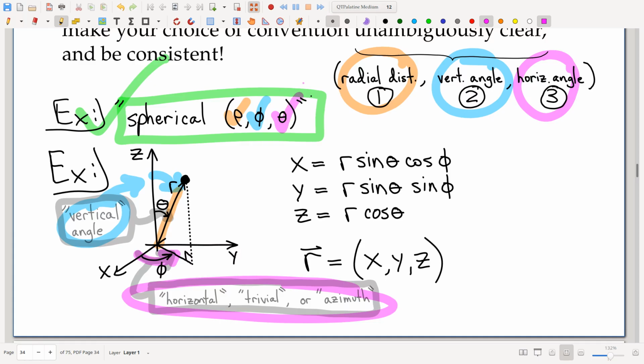By the way, the reason they call that the trivial coordinate is because when you start working out really hardcore, difficult physics problems in spherical coordinates, which is a powerful tool for understanding lots and lots of real physical problems, the way the trig and the algebra work out for this angle just tends to be way, way easier than how the trig and algebra work out for this angle.